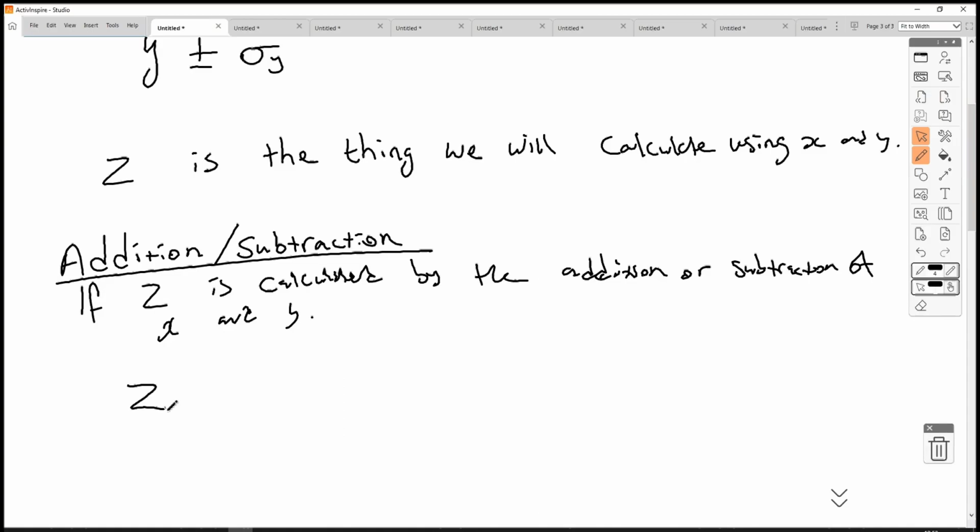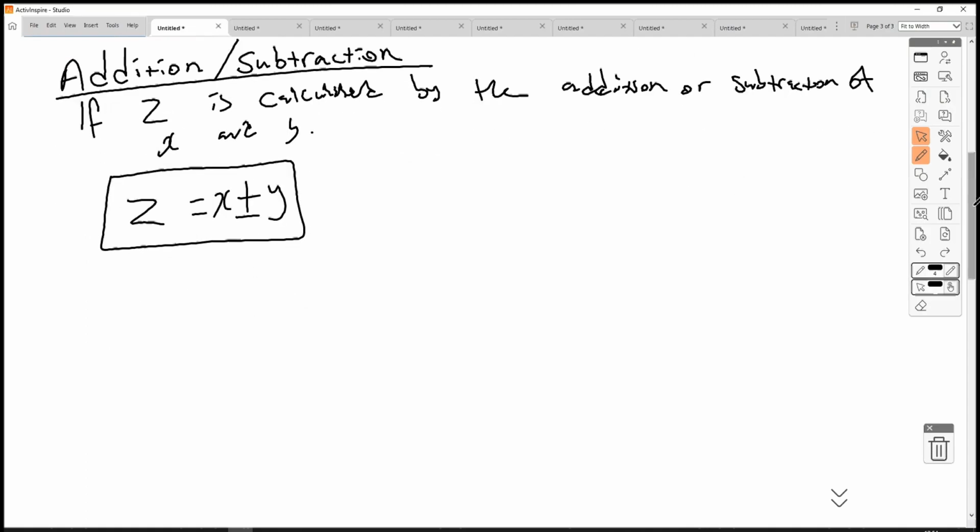In other words, if z is equal to x plus or minus y. So if z is equal to either of those two equations, how do we then find the uncertainty in z? In the case of addition and subtraction, it's quite simple. We simply add their absolute uncertainties.